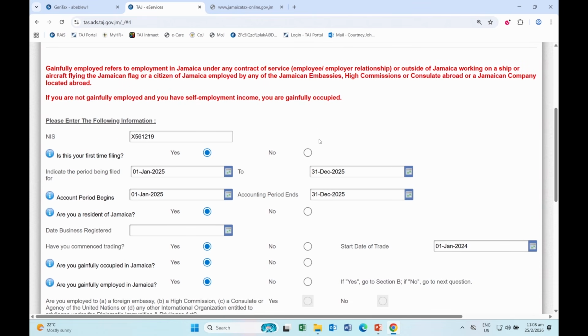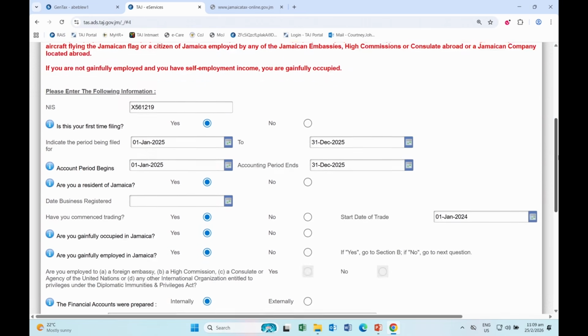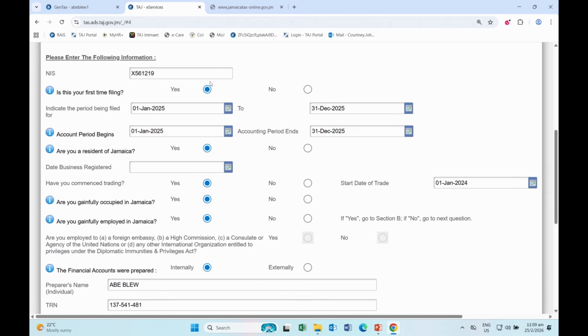You can't go any further unless or until you have completed all of the required fields. The first of them is the NIS. The next one is, is this your first time filing? This one is going to be the first for Mr. Abe Blue because he just started operating in 2025.